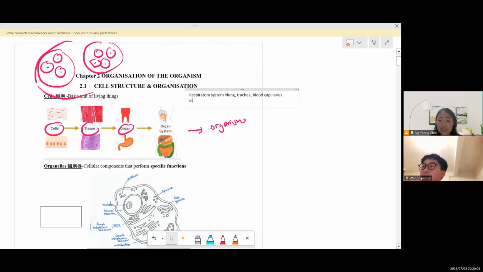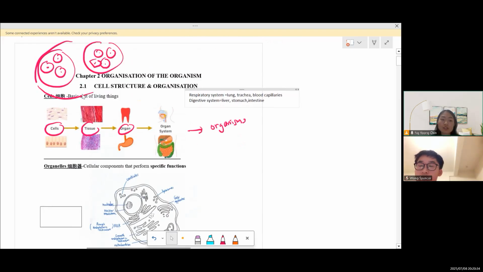And you have the digestive system, which has very complex organs like the liver, the stomach, and the intestine. A few organs join together to form an organ system. After they join together, they will form a complex organism, which is you, Spencer.